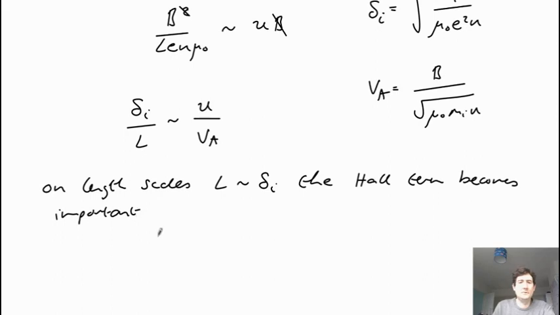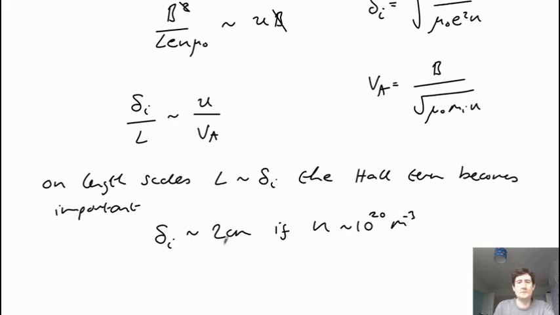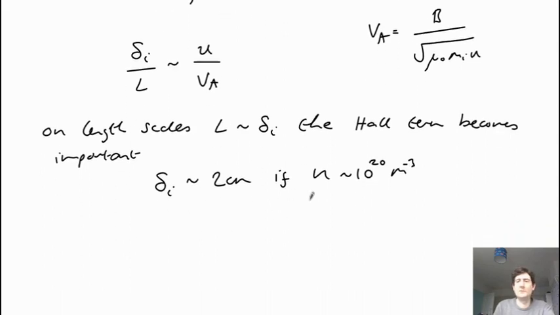Now, the typical scale length: this ion inertial length in a tokamak is roughly 2 centimeters if n is about 10 to the 20 per cubic meter. So you see that this is reasonably large, or at least non-negligible, in a tokamak.